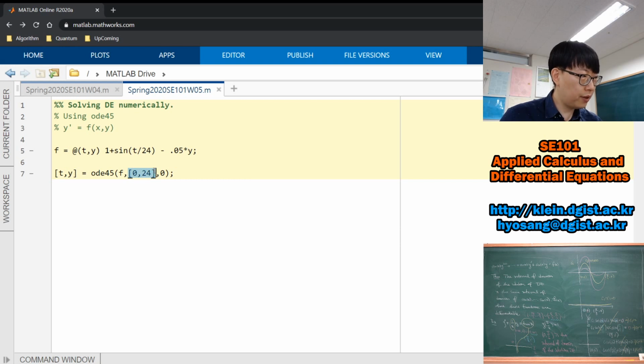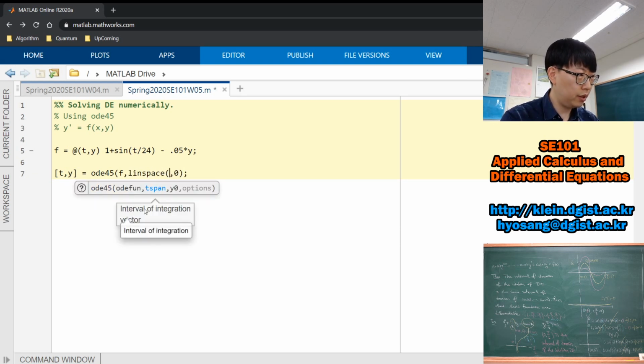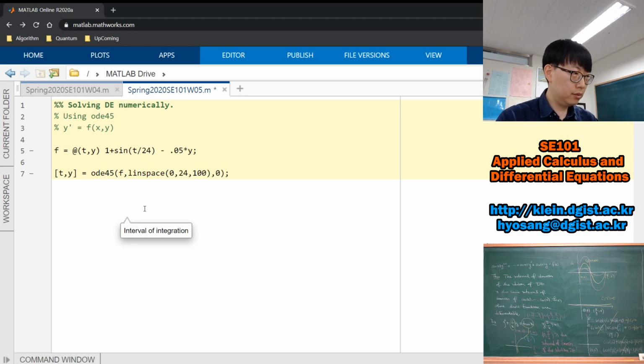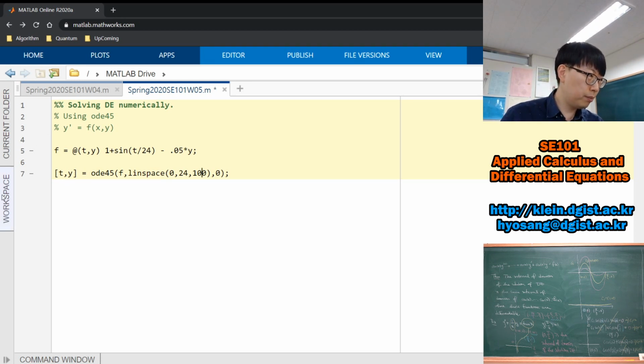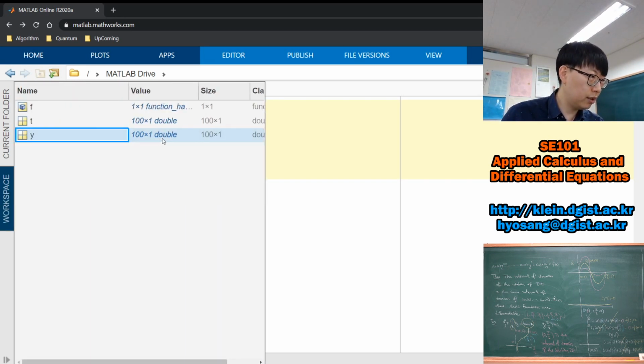I think 65 is default. You can make your tspan arbitrarily long. Let's say I want my 0 to 24 equally spaced by 100 points. Then I have 100 times 1 double.